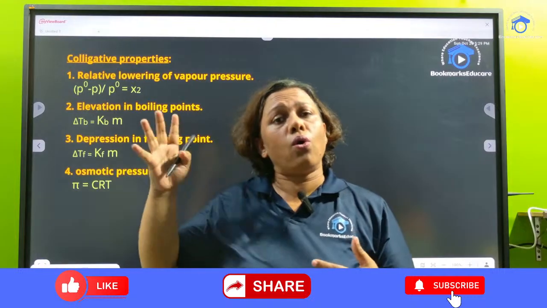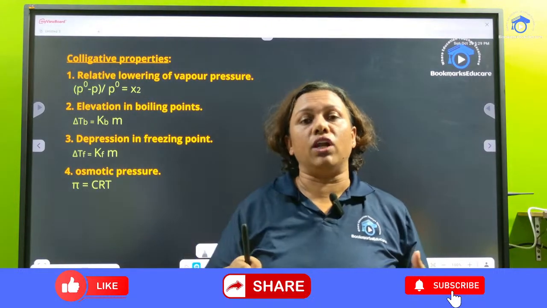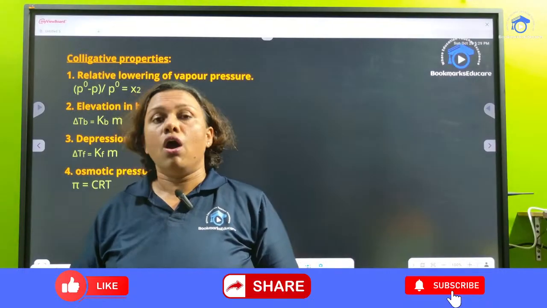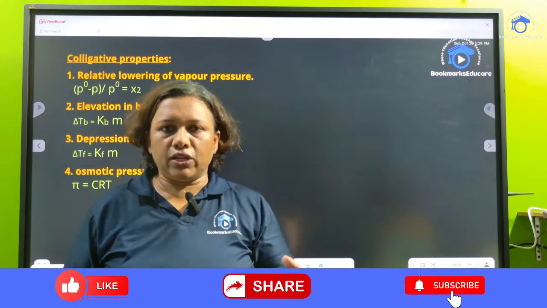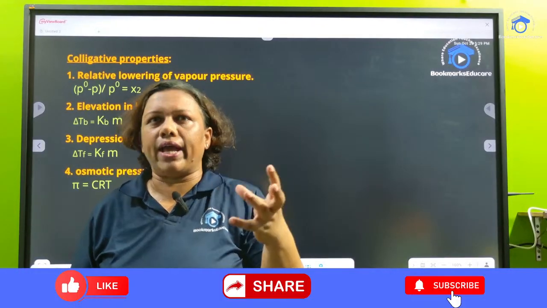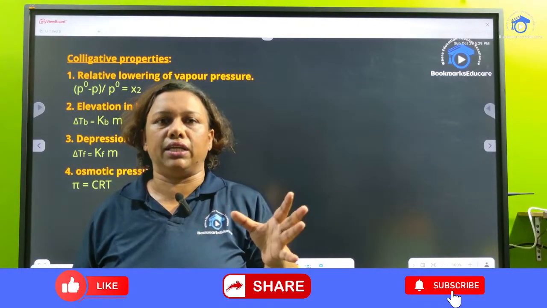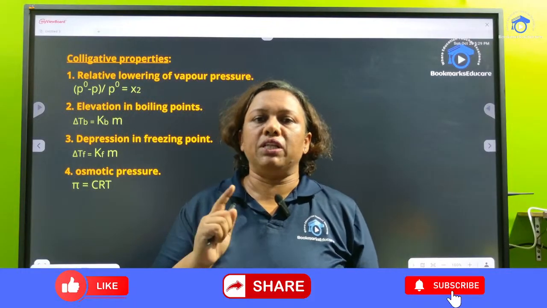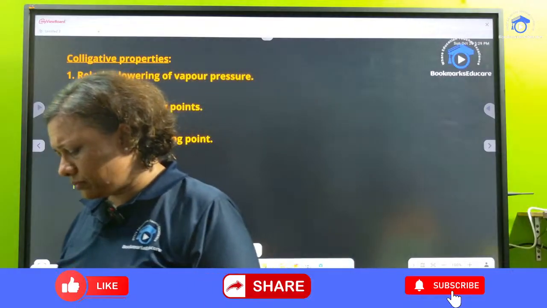That controls all these properties. That is called colligative properties. This does not depend upon the nature of the solute, whether it is electrolyte, non-electrolyte, covalent, organic, inorganic, ionic, nothing. The number of particles present from that solute decides it.